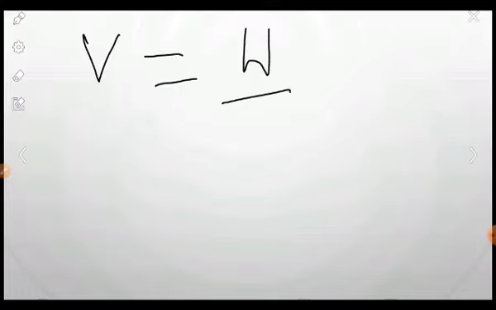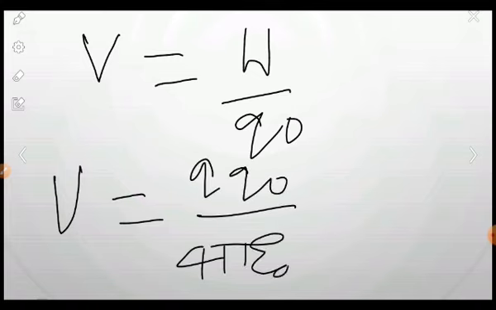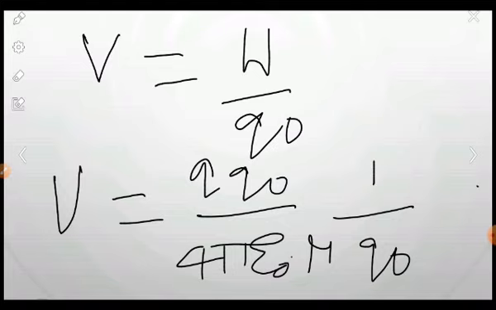Then electric potential V equals W by Q naught, work done on unit positive charge. V equals potential at the point A due to the point charge, Q naught by 4 pi epsilon naught into R, divided by Q naught. Then Q naught will be cancelled.